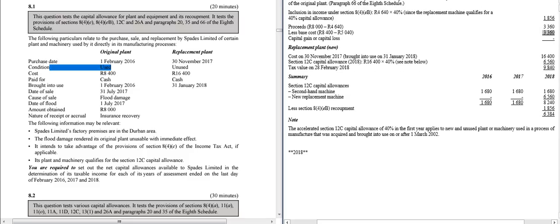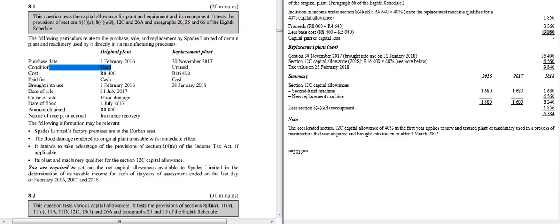Okay, and then quickly looking at the new plant that we bought. So we bought it during the 2018 year of assessment on the 30th of November 2017. It was brought into use on the 31st of January 2018. So the cost of it is 16,400.